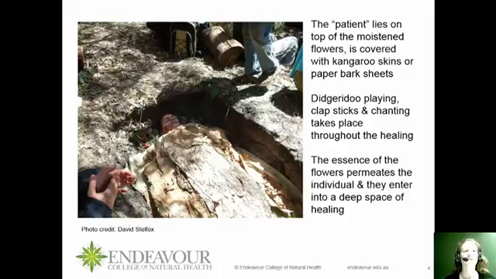And the individual is taken care of, the physical needs are taken care of, they're given water when they need, etc. So they can enter completely into a deep healing state. And they can absorb the energy of the flower into their own being.